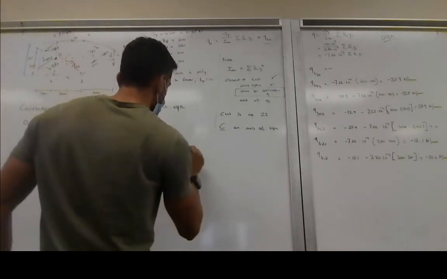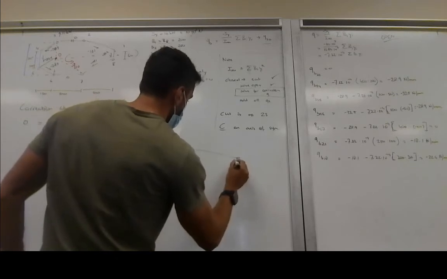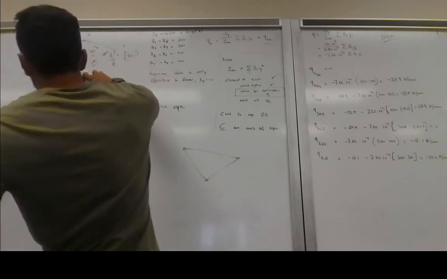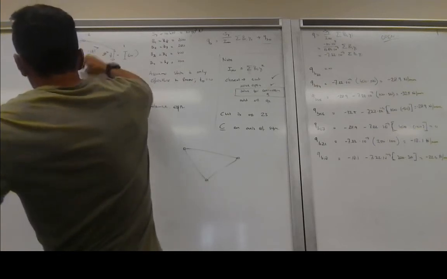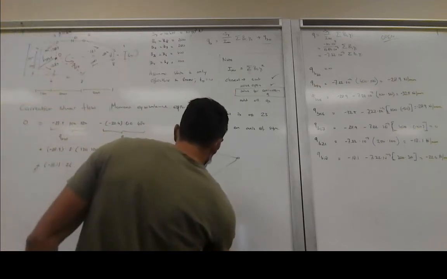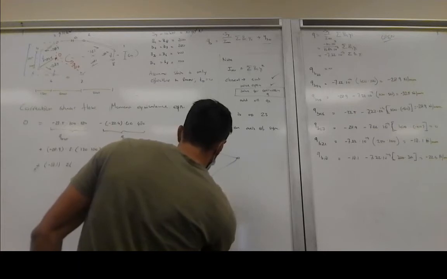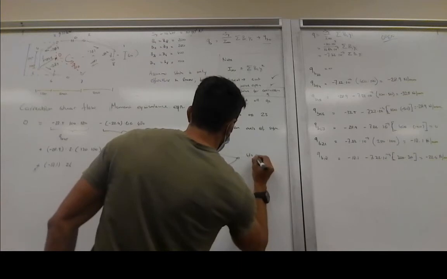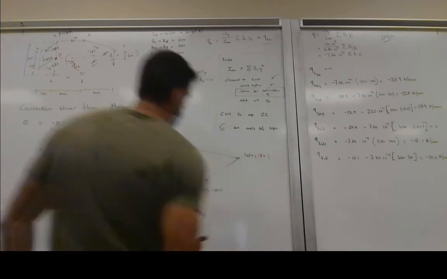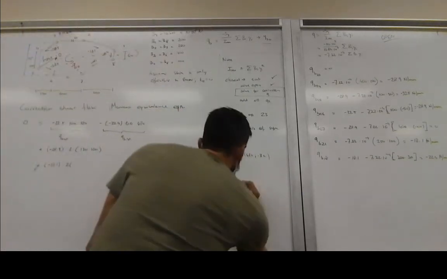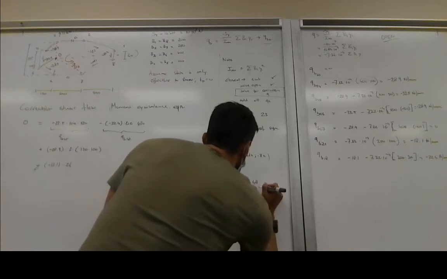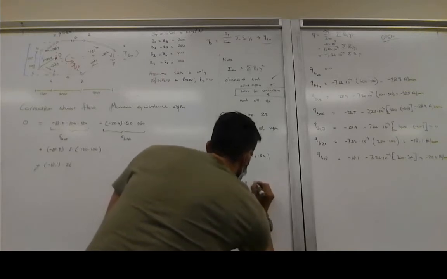So we have 0, we have 8, we have 7, and then we just write down the coordinates. So this is plus 240, the x-coordinate, and negative 100, and this coordinate is plus 480, negative 30. So the cross product will be 240 multiplied by negative 30 minus 100 multiplied by 480.